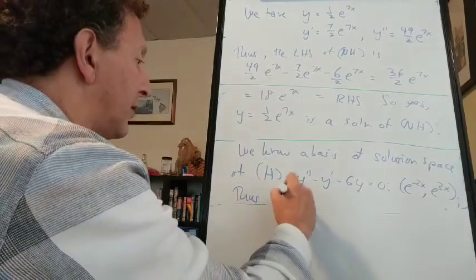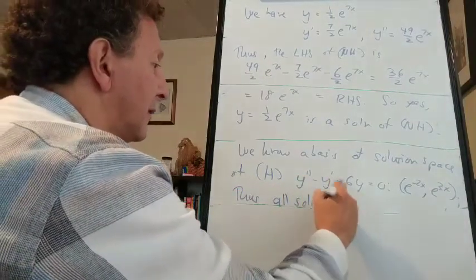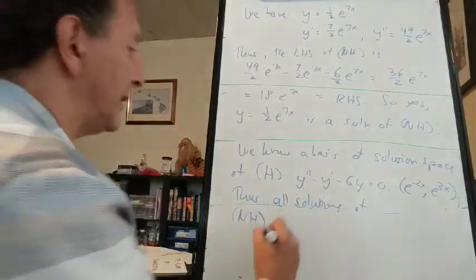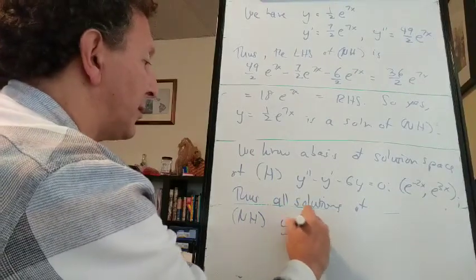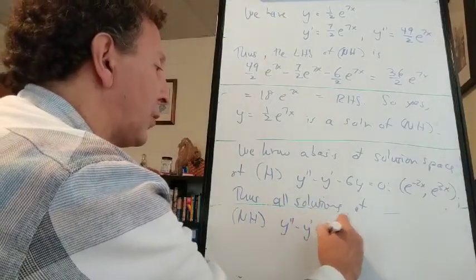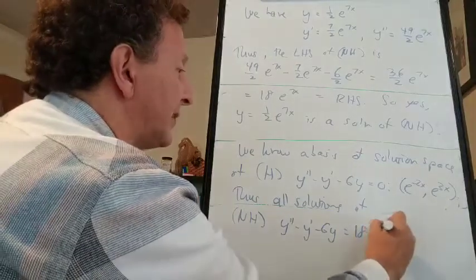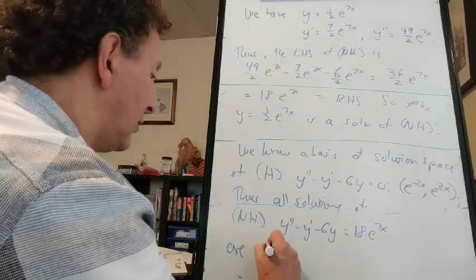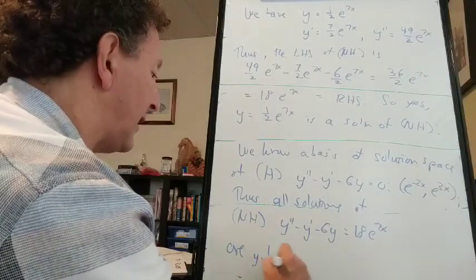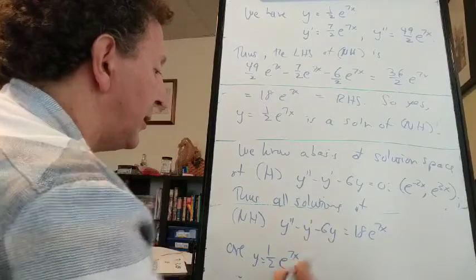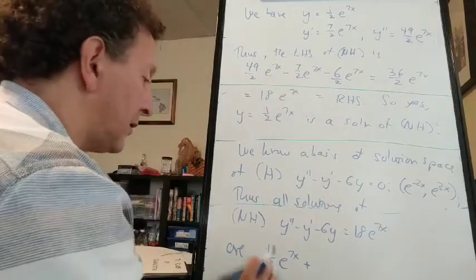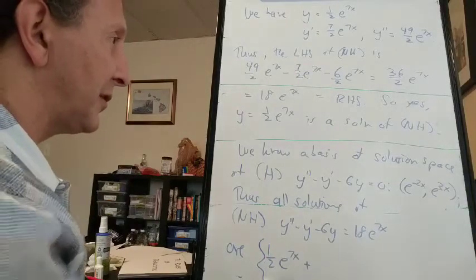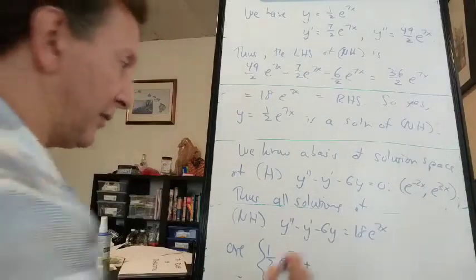So thus, all solutions of NH, y double prime minus y prime minus 6y equals 18 e to the 7x, are this one particular solution, y equals 1/2 e to the 7x plus all possible linear combinations of e to the negative 2x and e to the 3x.